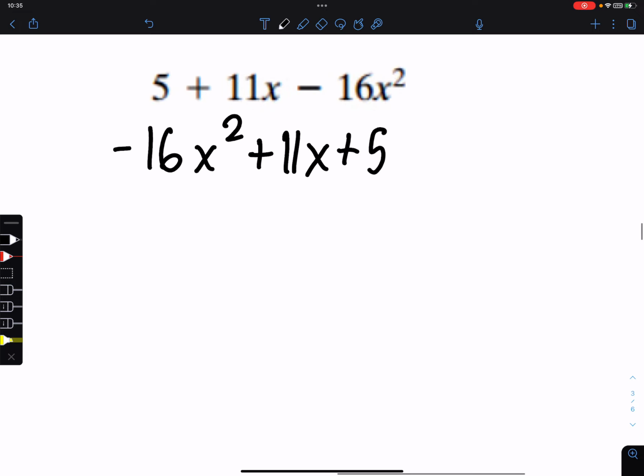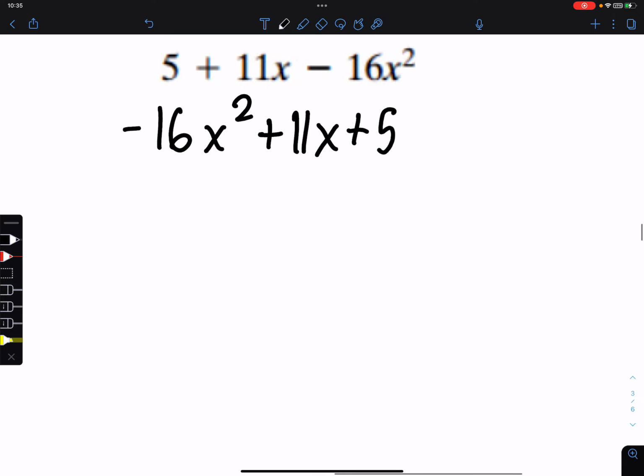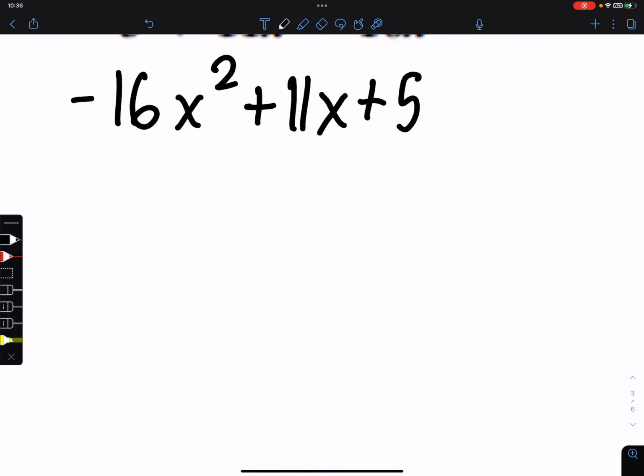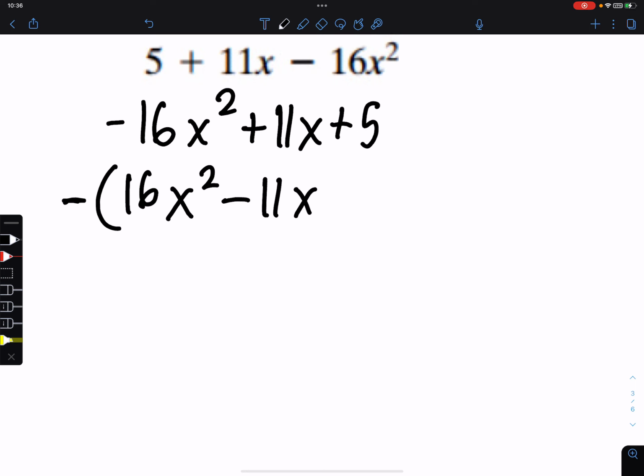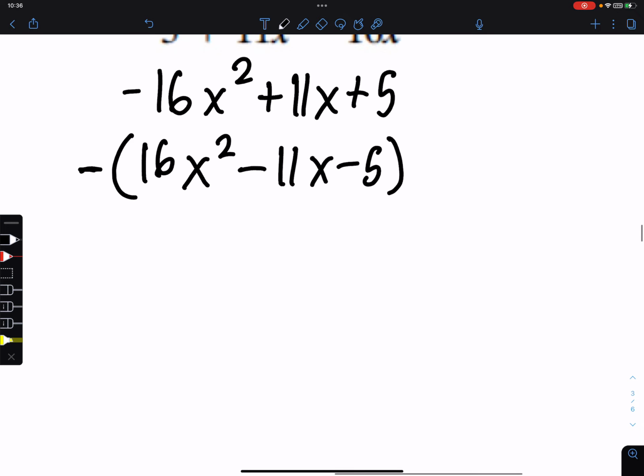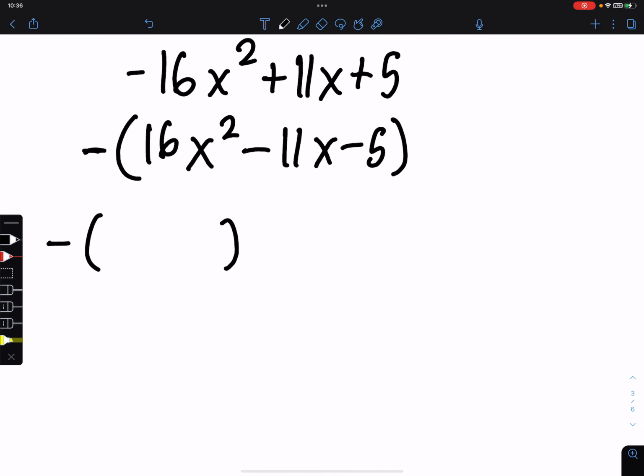And then another thing we can do is right here, there's a negative in front of our x squared term. So to get rid of that, we can just factor out a negative. So 16x squared minus 11x minus 5. Now we just factor this as normal.